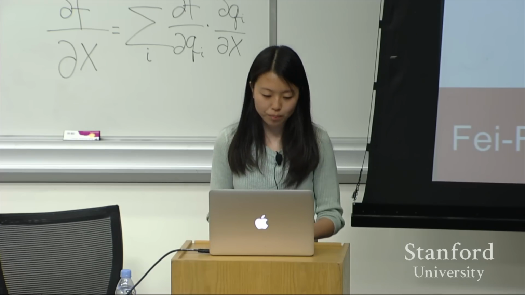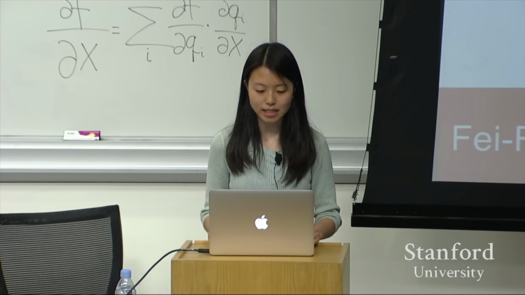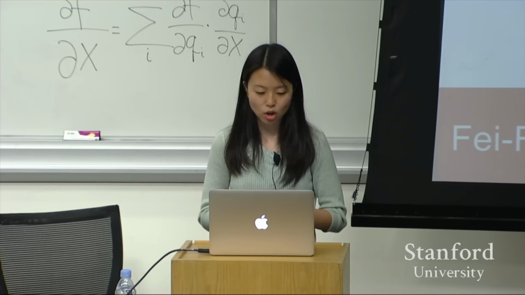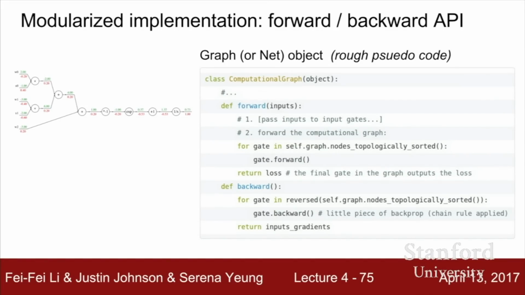Okay, so the way that we've been thinking about this is like a really modularized implementation, where in our computational graph we look at each node locally, and we compute the local gradients and chain them with the upstream gradients coming down. You can think of this as basically a forward and a backwards API. In the forward pass, we implement a function computing the output of this node, and then in the backwards pass, we compute the gradient.